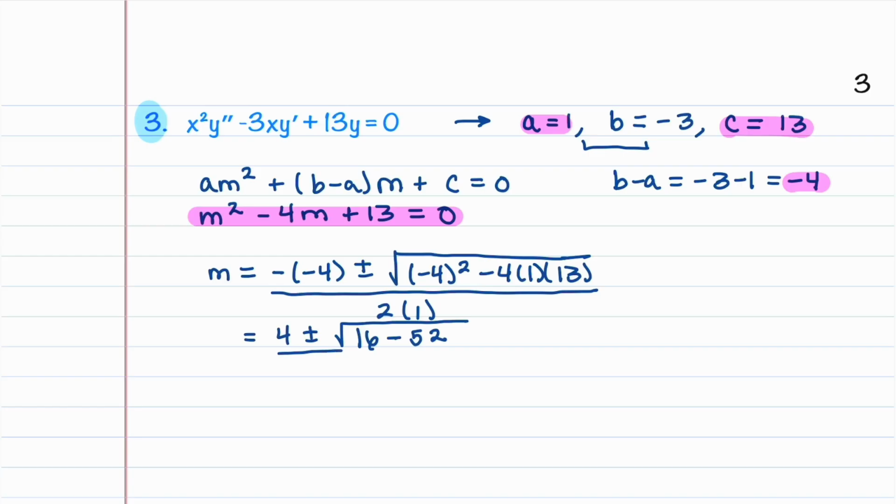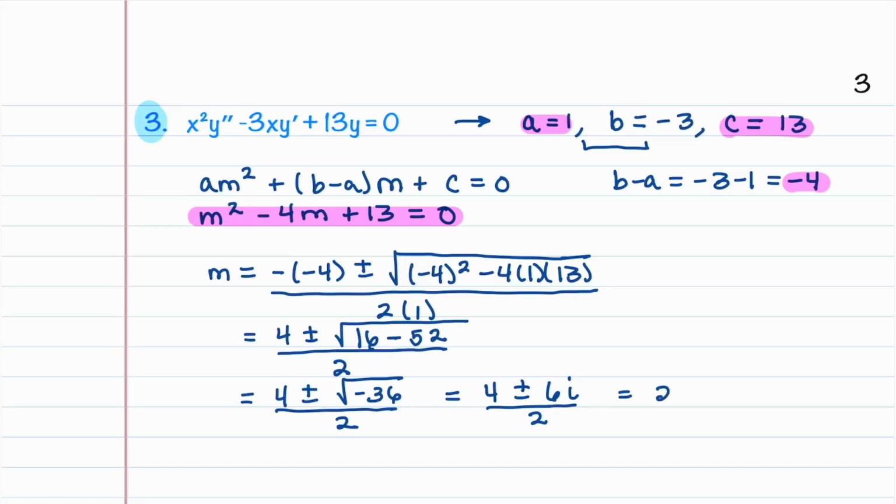And we divide all of this by 2. So this is 4 plus or minus the square root. 16 minus 52 is minus 36. That gets divided by 2. So this is 4 plus or minus 6i divided by 2, which gives us 2 plus or minus 3i.